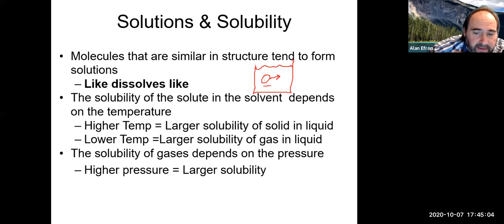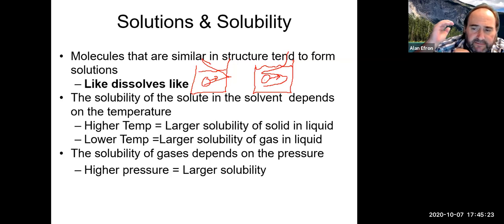So it's going to stay in the liquid a lot longer than if we were at a much higher temperature, where that gas molecule may shoot right out of the solution much faster. At a lower temperature, the gas molecule moves slower, so it's in the liquid for a longer period of time and thus mixes with the liquid for longer.